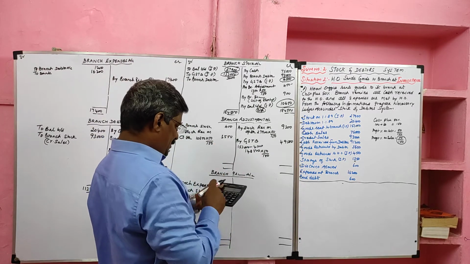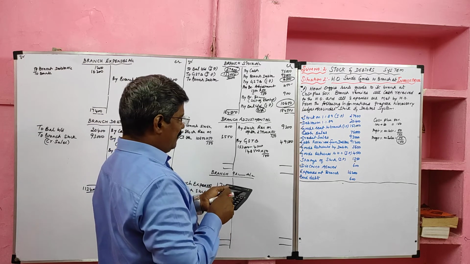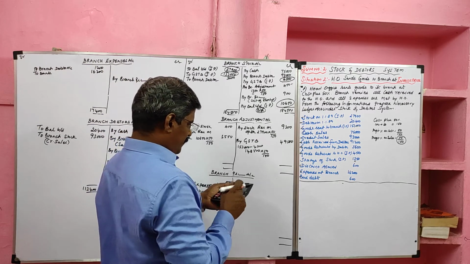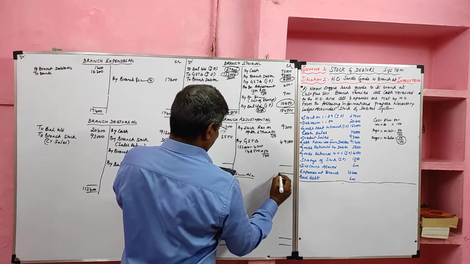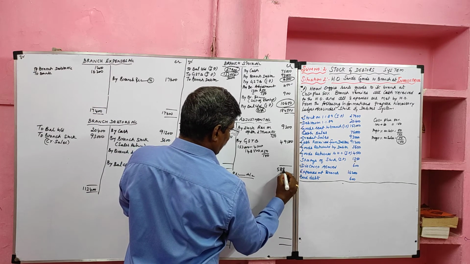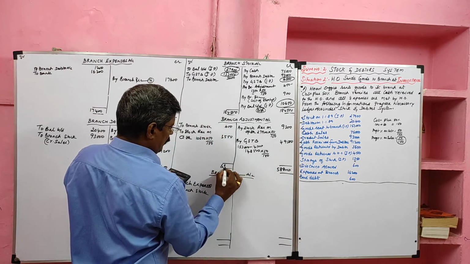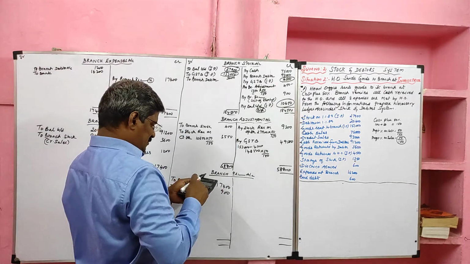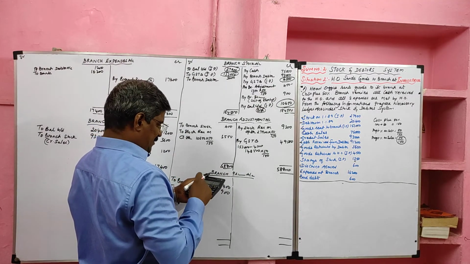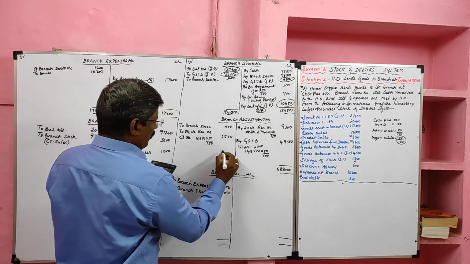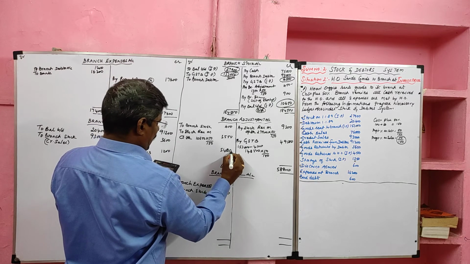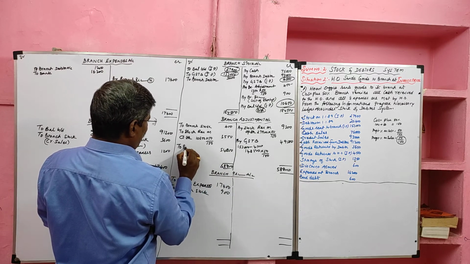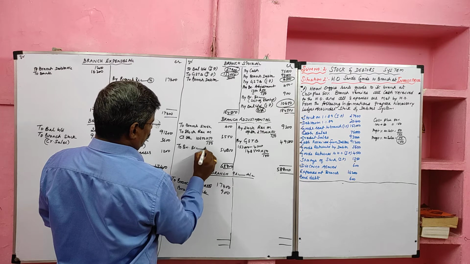Credit side total is heavier than debit side total. 9,300 plus 49,500, the total of branch adjustment credit side is 58,800, minus 450, minus 3,550. So the balance we got is 54,800. This should be transferred to the branch profit and loss account.